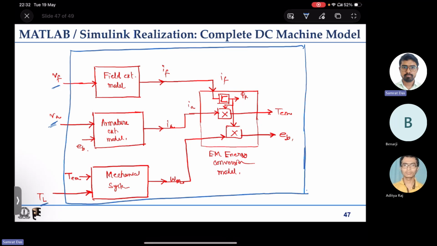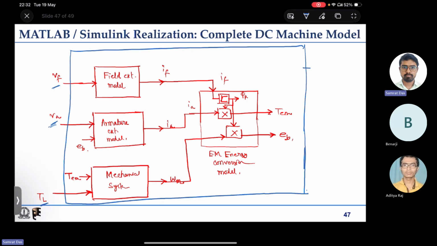The load torque is not directly under our control, but it depends on the speed also. So the load torque and speed are sometimes dependent for certain loads.